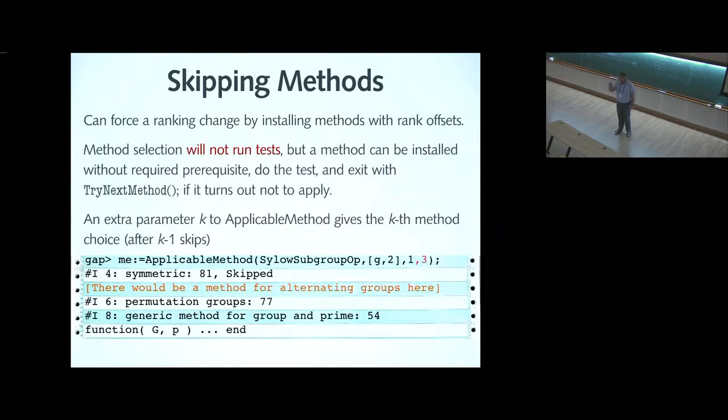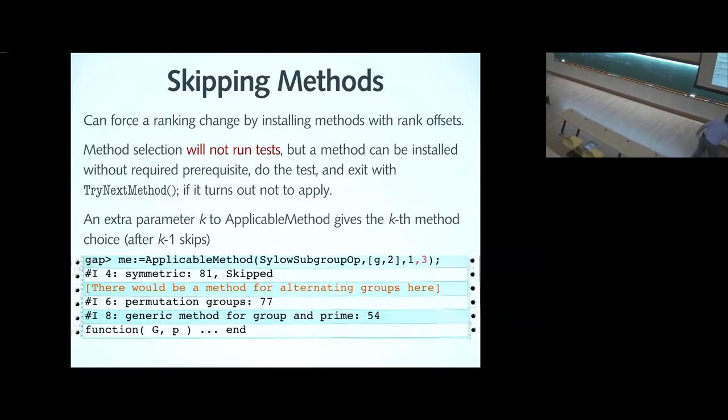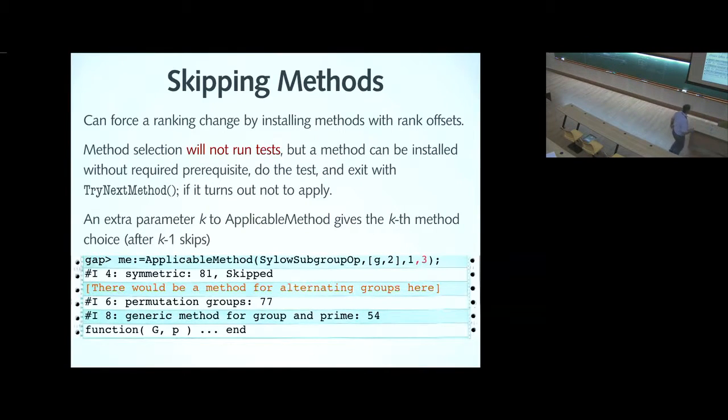So you will install this method without requiring solvability. You will give this method a higher rank, I'll get to that in a moment, so that it gets picked early on. You do the solvability test in your method, and if the group is not solvable, you say, okay, go on, sorry, I jumped in the queue, don't take me, go the normal way. And you do this in your method by calling try next method.